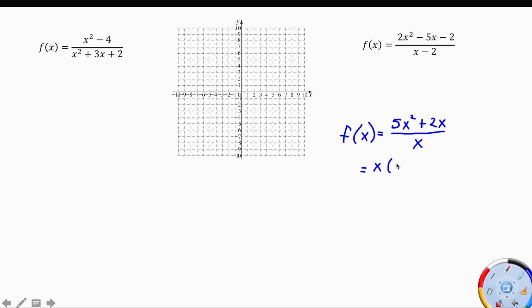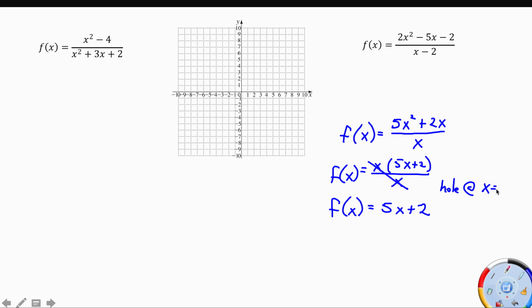I'm going to factor out the x and make it 5x plus 2 over x. So really, on this one, I'm just graphing the line 5x plus 2, but I've got to remember there's going to be a hole at x equals 0.